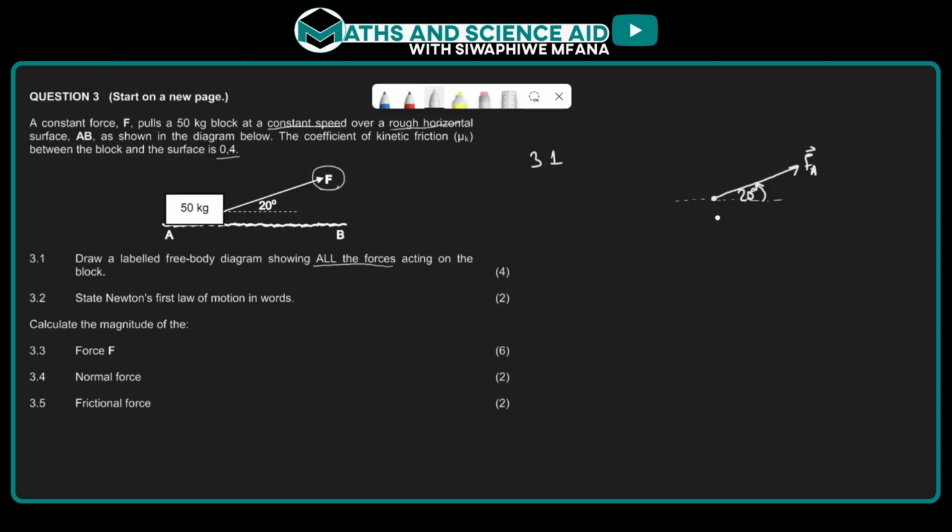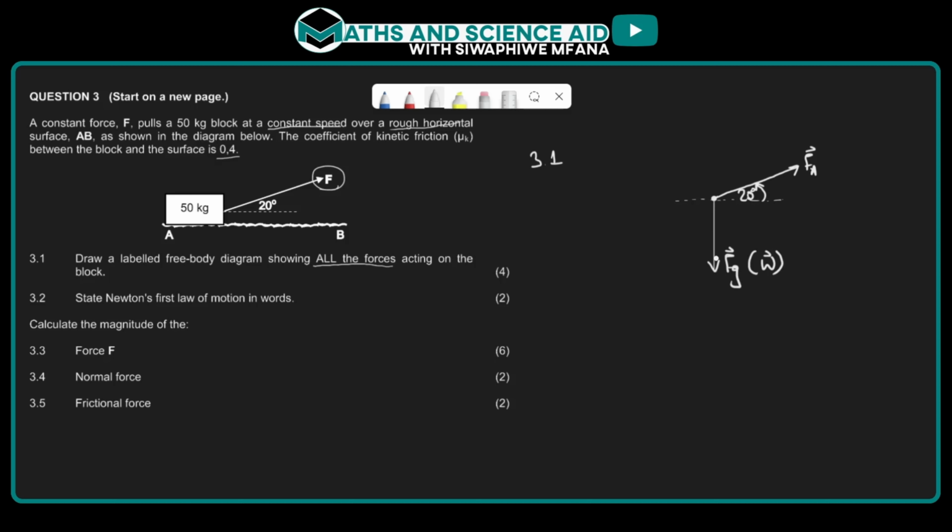Okay, and in addition, this object is going to experience a gravitational pull towards the ground, and we call that the gravitational force, or sometimes the weight of the object. This one is always directly downwards towards the center of the earth.